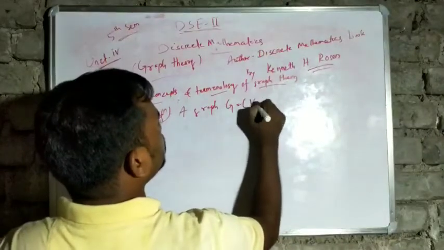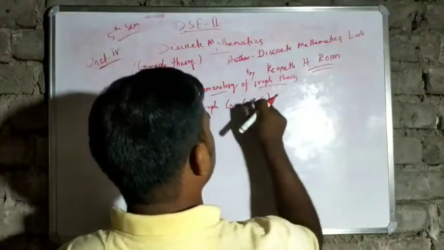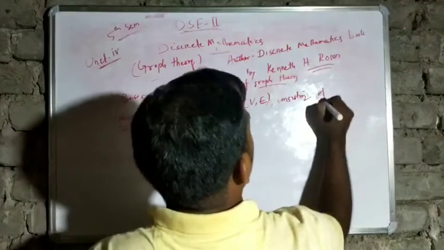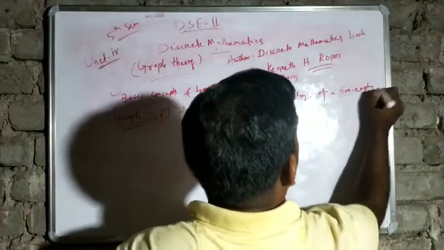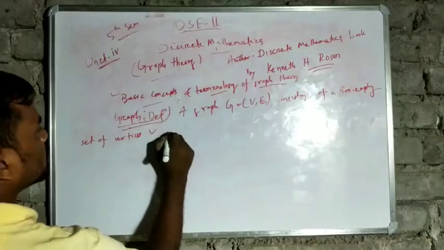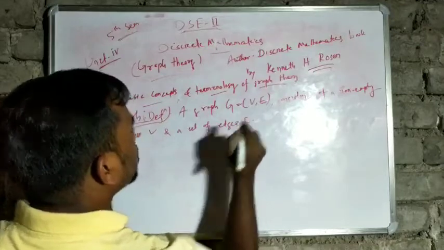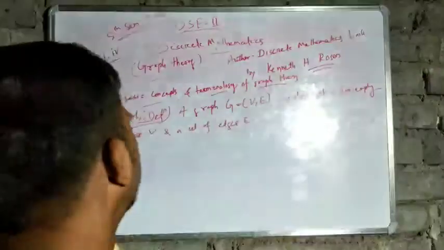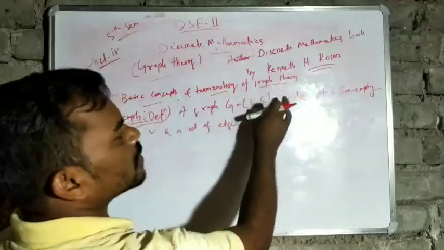A graph G equals V comma E, consisting of a non-empty set of vertices V and a set of edges E. Understood? That means a graph is a combination of vertices and edges.